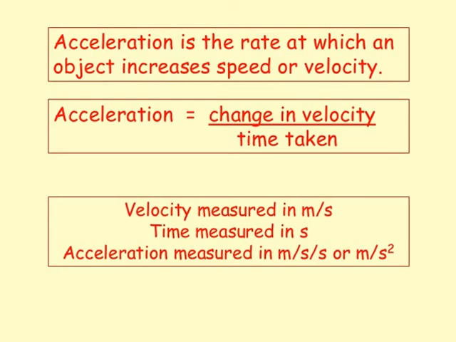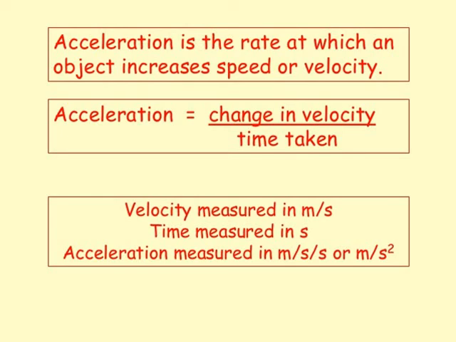Now you can say the most important topic of this chapter kinematics is acceleration. It is the rate of change of velocity, or it is the rate at which an object increases speed or velocity. It can increase, it can decrease. Speed can increase or decrease.